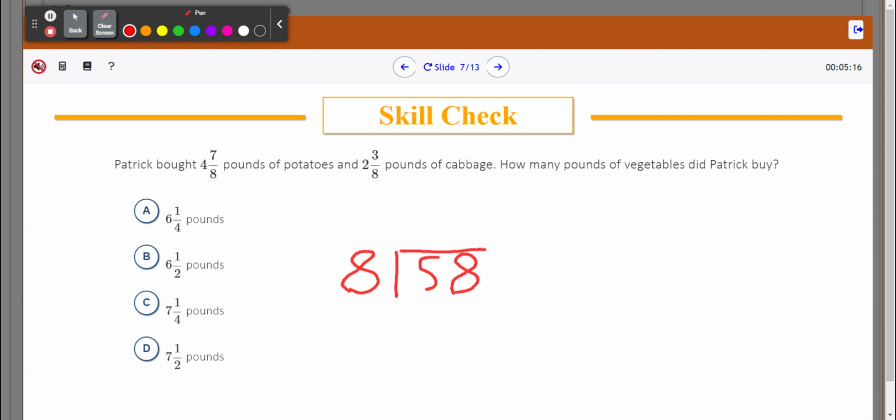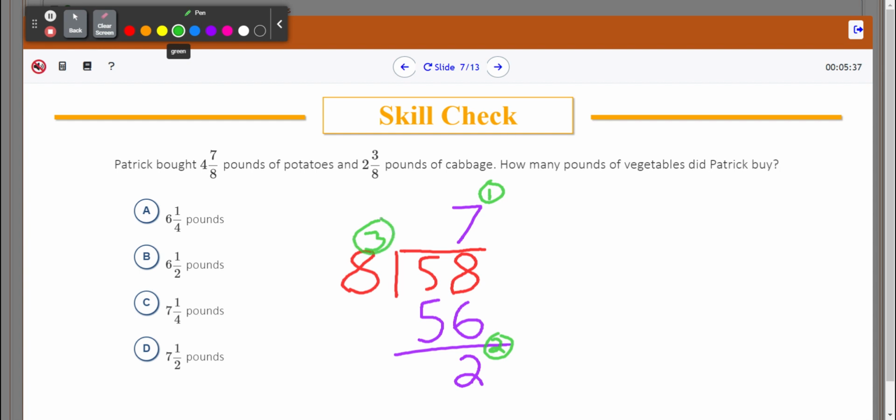How many times does 8 go into 58? It goes in 7 times. 7 times 8 is 56. 58 minus 56 is 2. We're done. Now, 3 simple steps. 1, that's our whole number. 2, that's our numerator. 3, that's our denominator. So what do we get? We get 7 and 2/8.